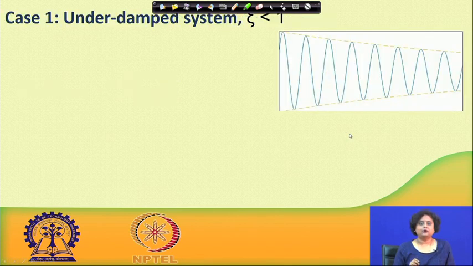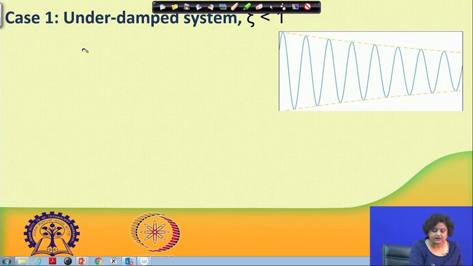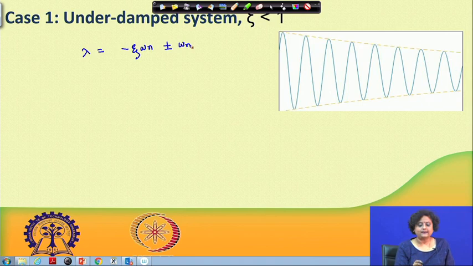So, let us talk about the under damped system, when zeta is less than 1. Here I will have lambda as minus zeta omega n plus minus omega n root zeta square minus 1.